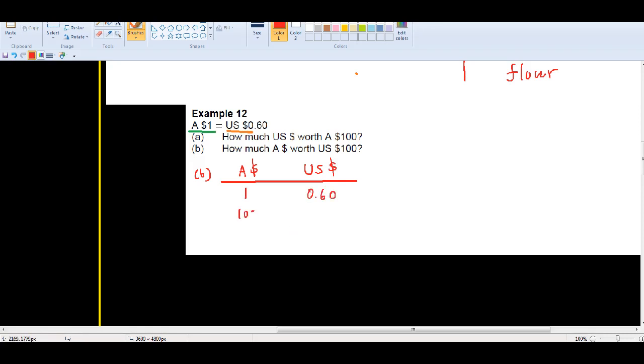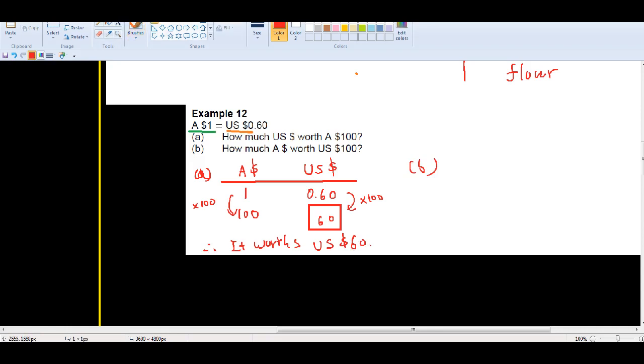You got 100 Australian dollars. How much do you get in US dollars? It's not that difficult. 1 to 100, of course, you times 100, times 100 as well, so you got 60. So that's part A: it is worth 60 US dollars, $60.